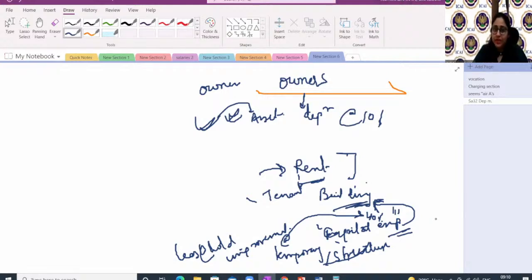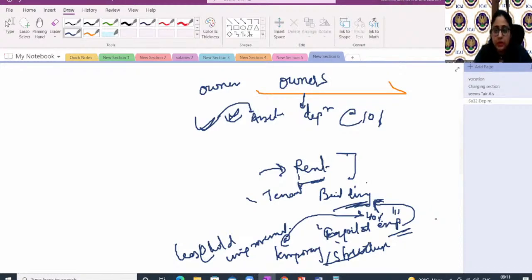Generally a bank takes property on lease for a good 5 to 10 years. So whatever expenditure has been done by a tenant becomes a temporary structure, and on that he can claim 40% as leasehold improvement or temporary structure, deemed building.